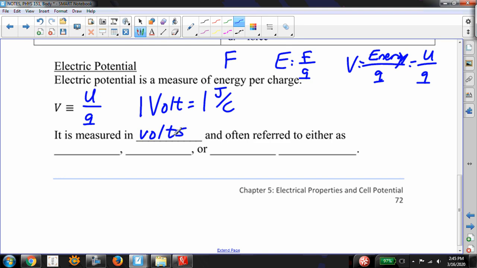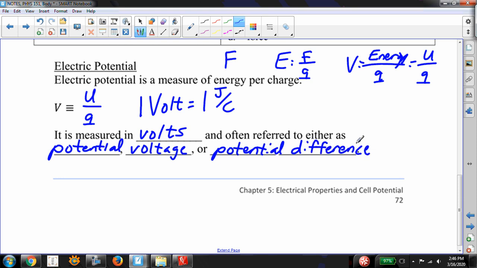And it's often referred to in a couple of different ways as potential, voltage, or potential difference. You can effectively say that these two are the same.